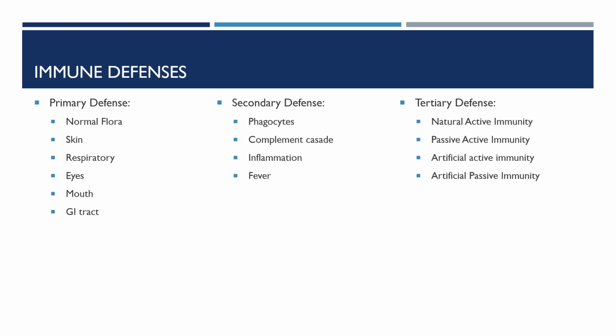Now then we have the complement cascade. So this is a set of blood products called complement. It triggers the release of chemicals that attack those cell membranes of the pathogens, and they actually make them rupture. It's pretty cool. So that's what it means by the cascade. Then inflammation. So if there's an infection, you're going to have the natural response of inflammation.